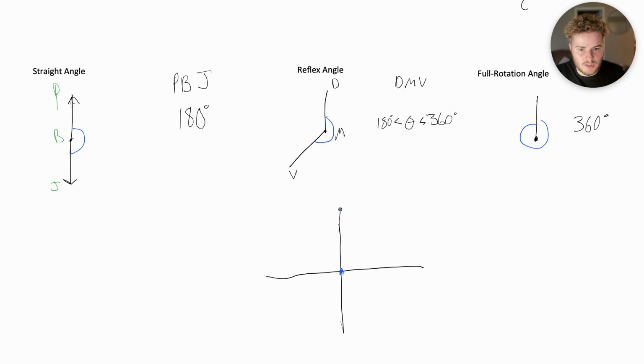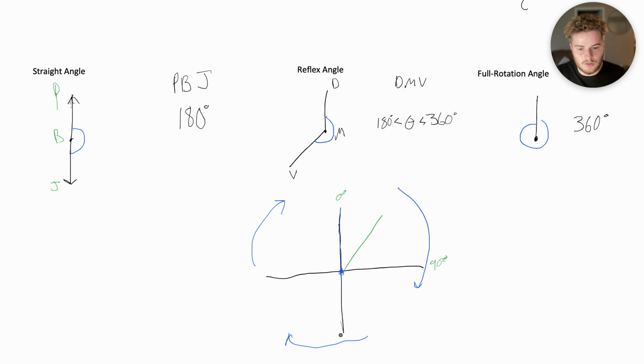Basically, if you can imagine, this is kind of the starting line. We're basically working our way around. So we're going to go all the way around this thing. And as we go around the coordinate plane, the angle gets increasingly bigger. So first we started with acute angles, which were less than 90 degrees, between 0 degrees and 90 degrees. Then as soon as we hit a 90, that was a right angle.